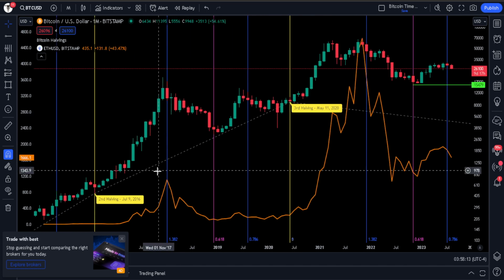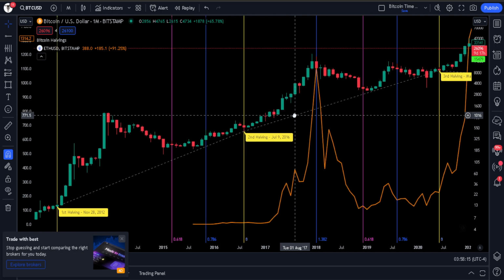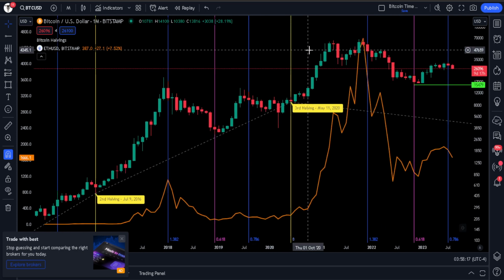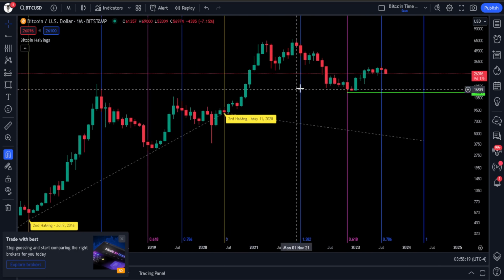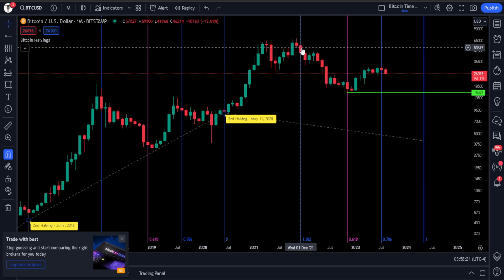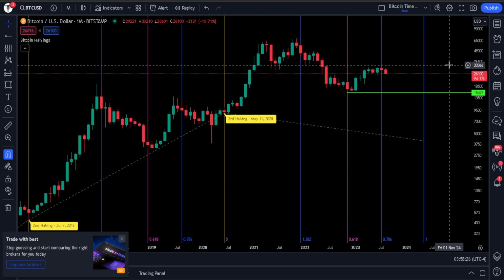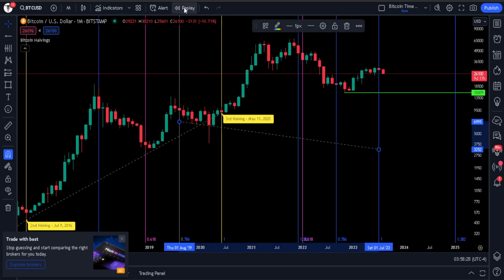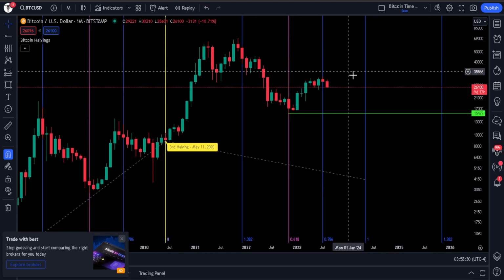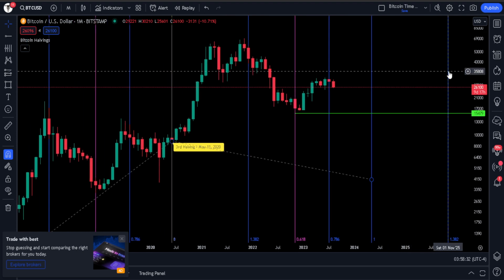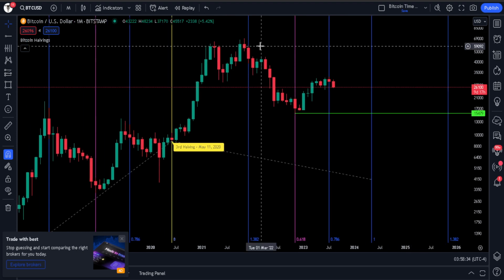Previous times, 1 month after in 2018, and it didn't exist in 2015. Okay, so around the same area as the 1.382 Ethereum tends to top out. So this is actually more accurate for Ethereum if we look at it like that. So then this would put our top in October of 25.